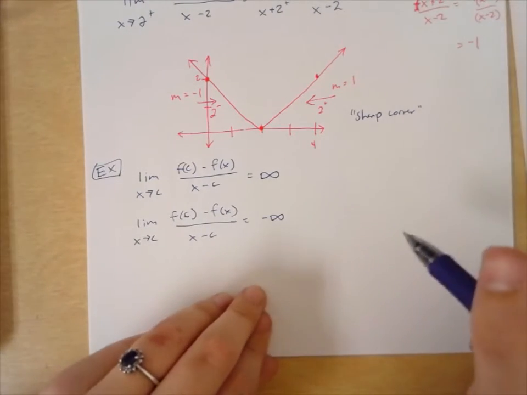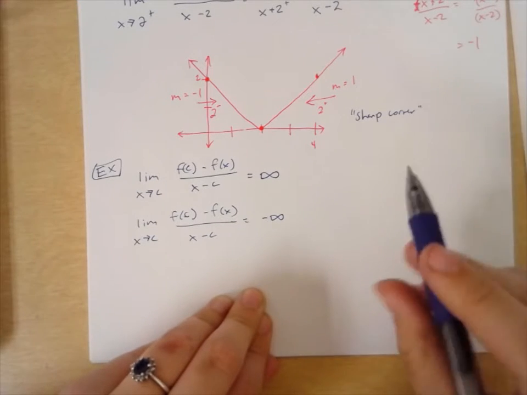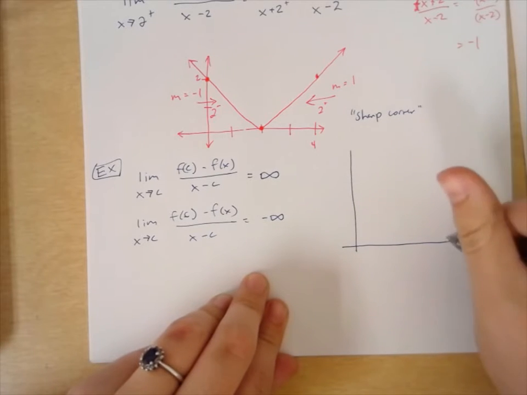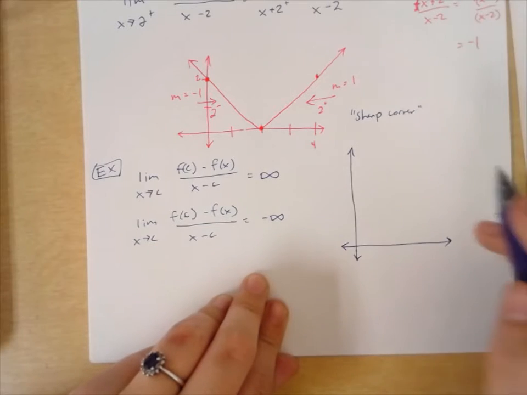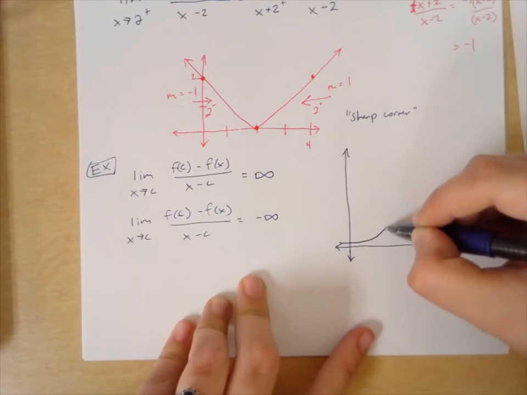And undefined, when we're talking about slope, means a vertical line. So that means that graphically, just to kind of picture it, if you ever get positive or negative infinity for your derivative, then what your tangent line looks like is this.